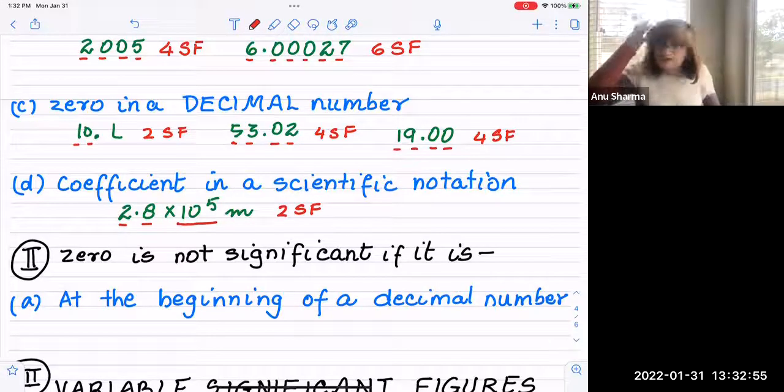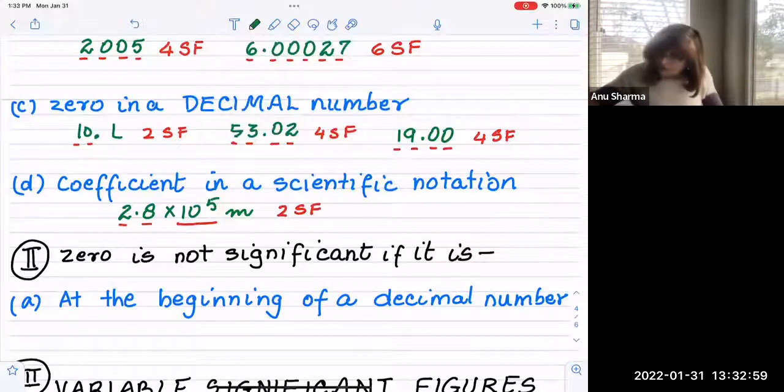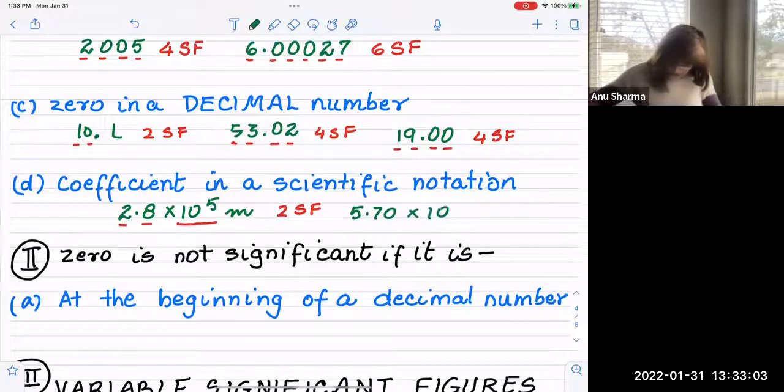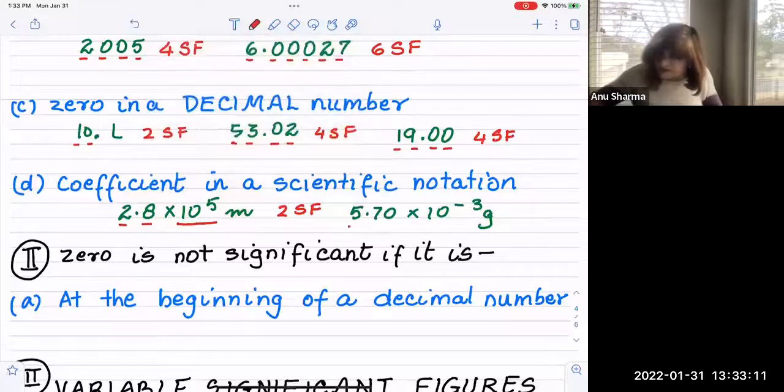If you have a number such as 5.70 times 10 to the power -3 grams. Okay, so in this case, because the decimal is there, these zeros are counted. So this is 3 significant figures.